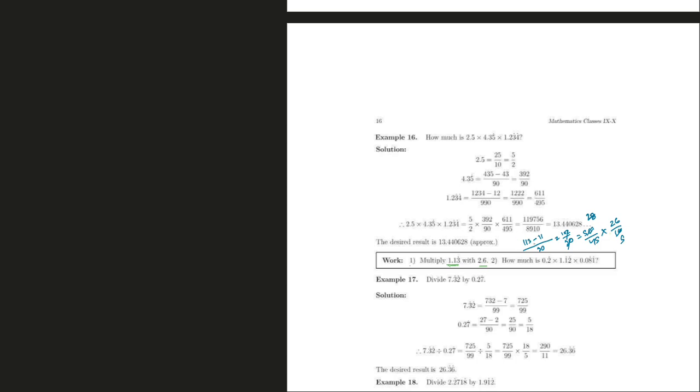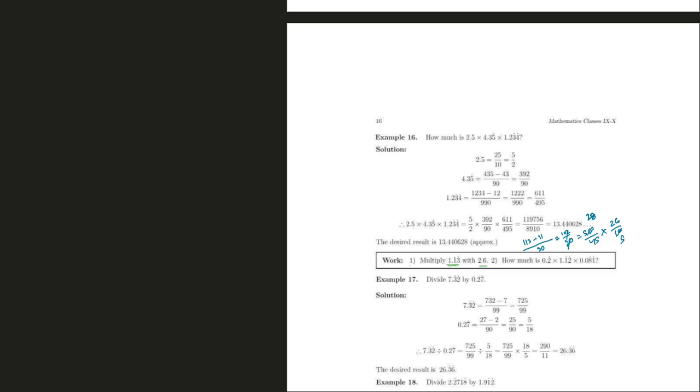So it's 113, the entire number without decimals, without the cap, minus 11. 11 is because there's 1 and 1, and then it's divided by 9 because there's only one non-repeating number and one repeating number.